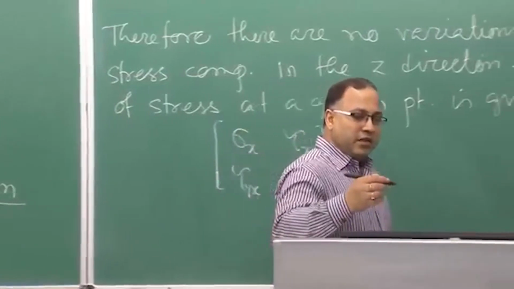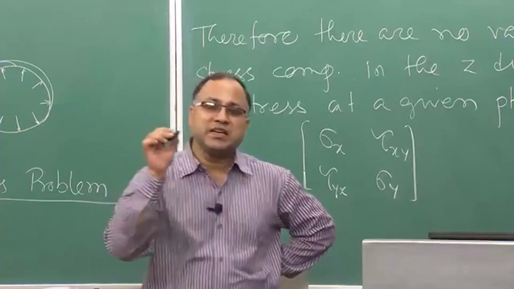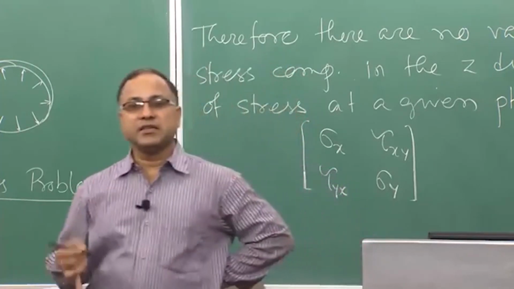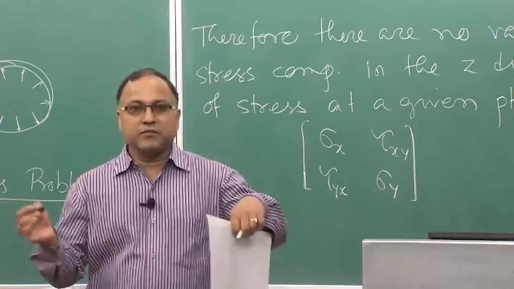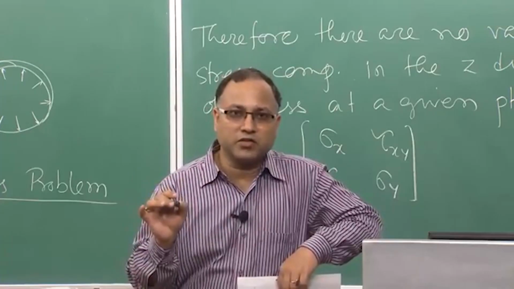What does it mean? If you see, the sigma x is acting on the negative x plane, but towards the negative x direction. So, therefore, this sigma x is again positive. If it is reverse, then that will be defined as the negative normal stress.